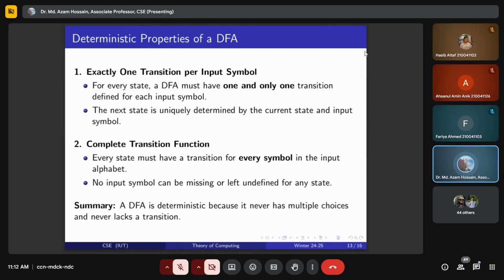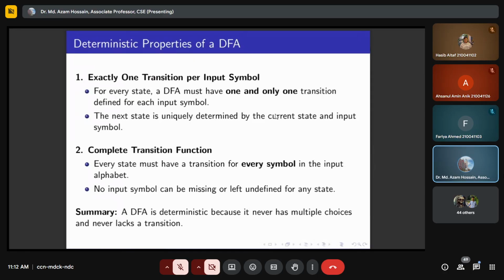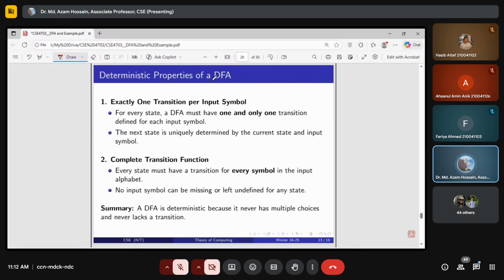From today, our discussion will be divided into two parts. As you can see, I am writing DFA, that means deterministic finite automata or deterministic finite state machines. Deterministic means, what does it mean? It means exactly one transition per symbol.